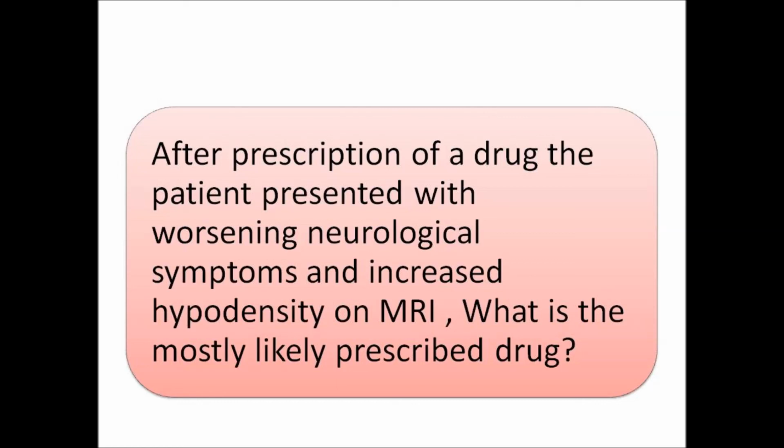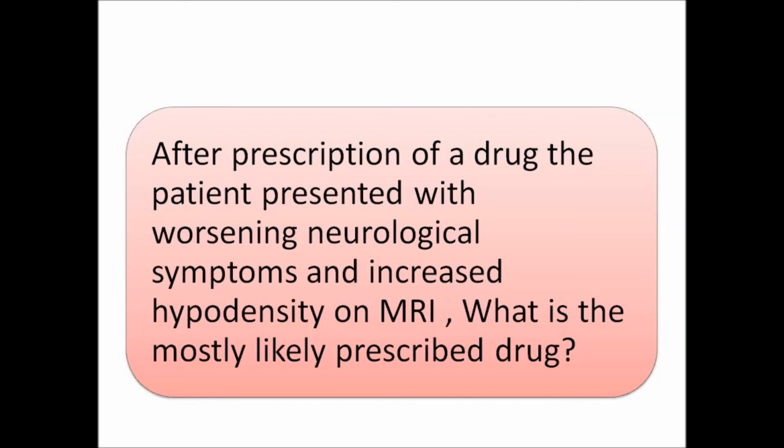Here we have a question. After a prescription of a drug, the patient presented with worsening neurological symptoms and increased hypodensity on MRI. What is the most likely prescribed drug? And this is known as progressive multifocal leukoencephalopathy. This is a side effect of natalizumab, especially if the patient is positive for JC virus.